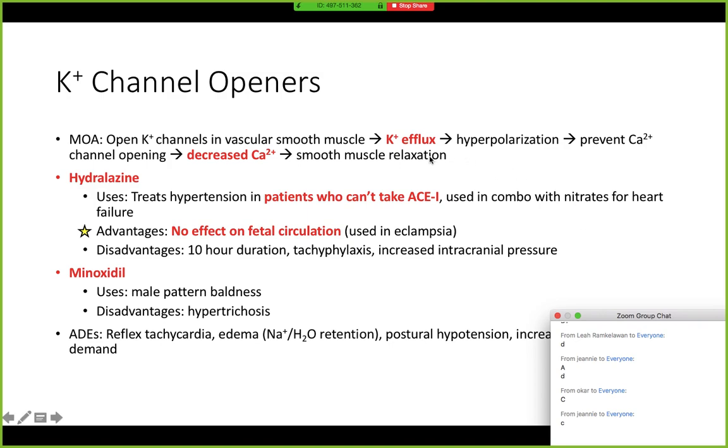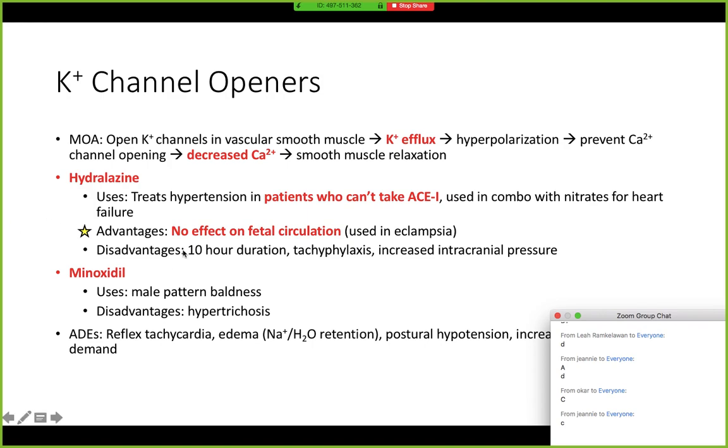All right, so your potassium channel openers. Your two potassium channel openers you need to focus on would be hydralazine and minoxidil. Minoxidil is kind of unique because this drug is actually used to treat male pattern baldness. And then hydralazine is going to treat hypertension in patients who cannot take ACE inhibitors.